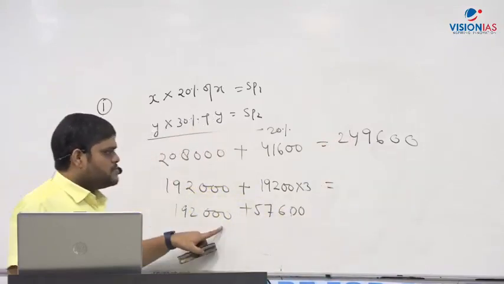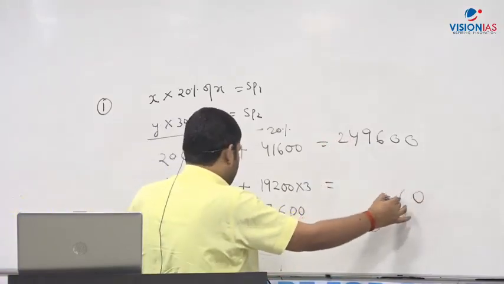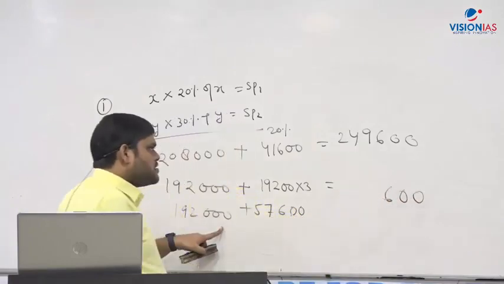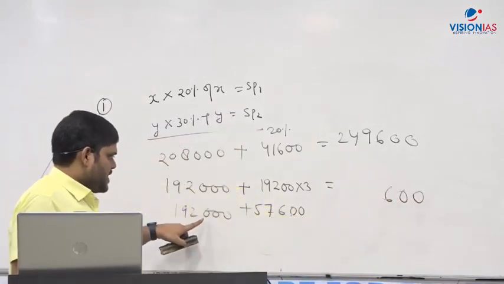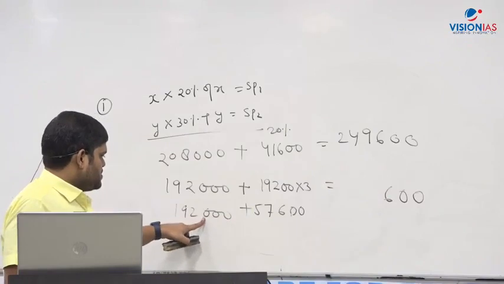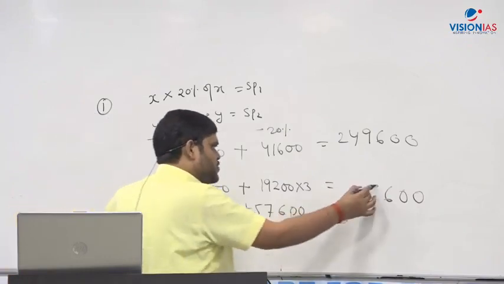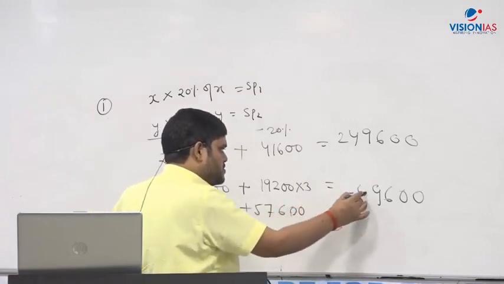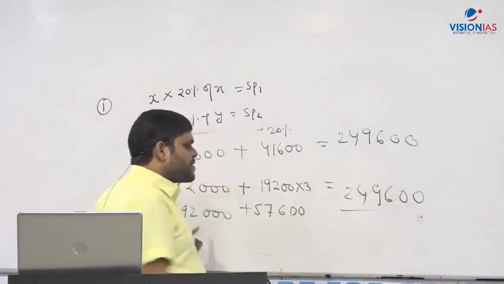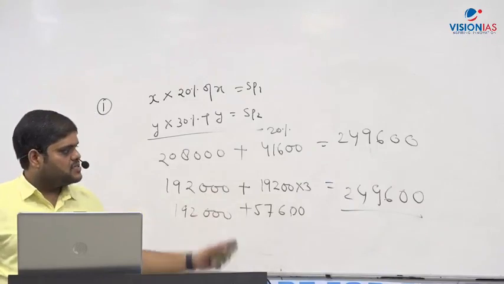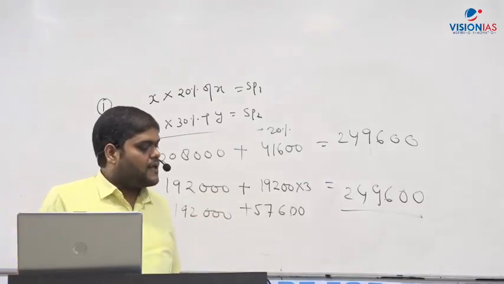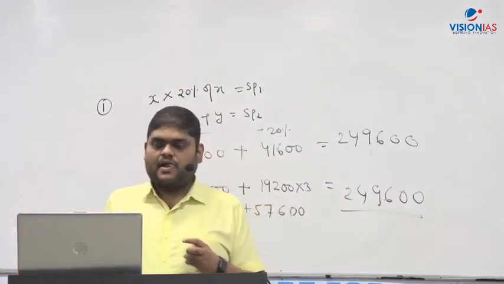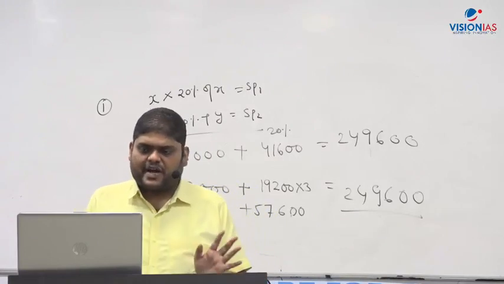And this becomes the same. Now both selling prices are equal, so that means the correct answer will be C. But yes, the better way is by ratio.